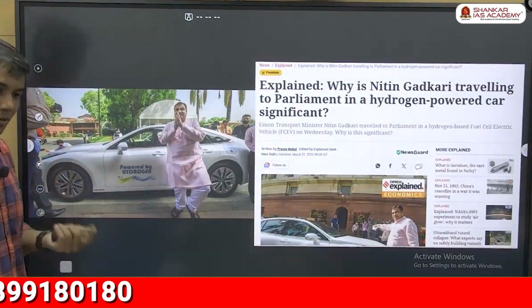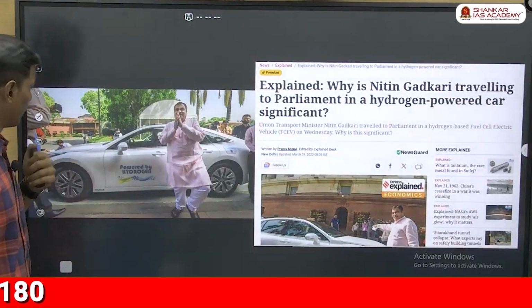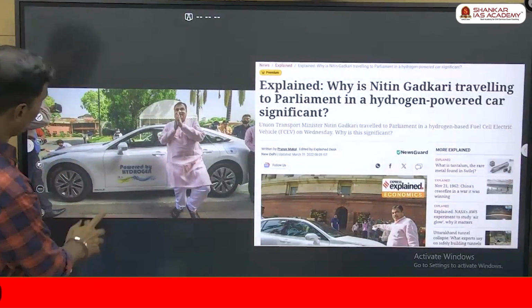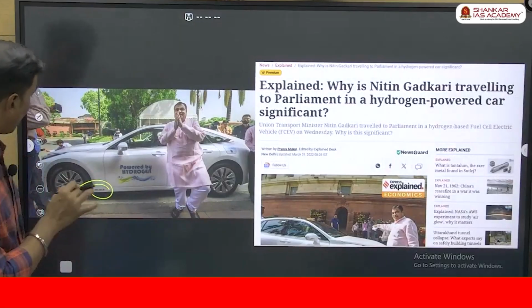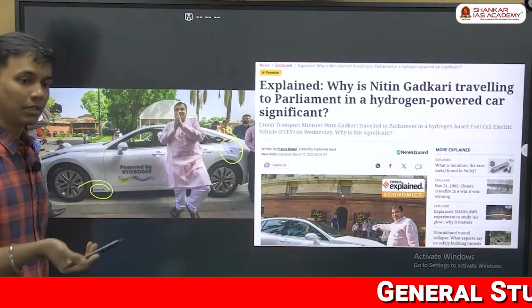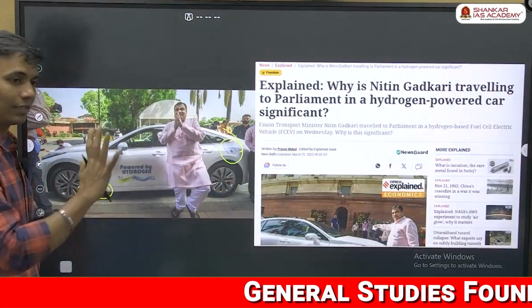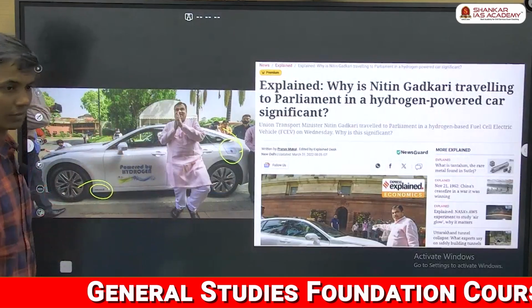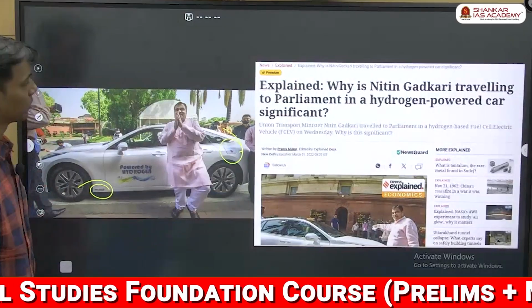That's because the government is promoting hydrogen, and it is given by a company, and this is a fuel cell vehicle. So they fill hydrogen for this car, but the car uses hydrogen to produce electricity. Literally, this is an electric vehicle that runs on a fuel. That's why it's called fuel cell. Clear? Yes.